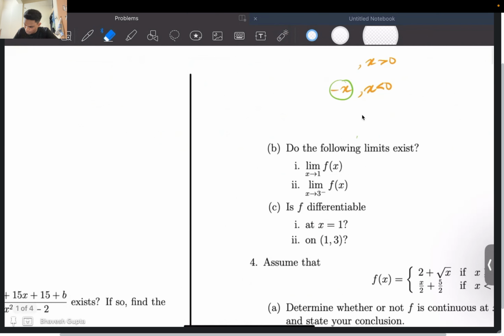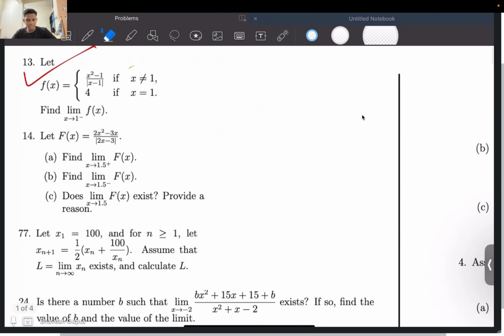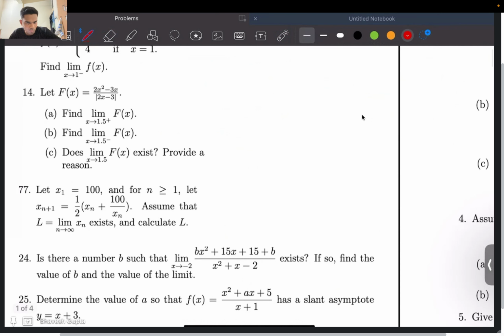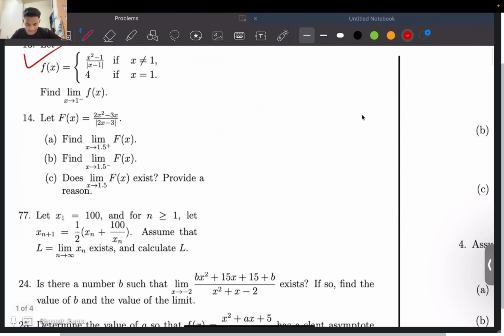I want you guys to focus here and try to solve along with me so that you can get the idea, because until you write it on paper, you will not get how to solve the problem. We have another function, 2x square minus 3x over mod of 2x minus 3.